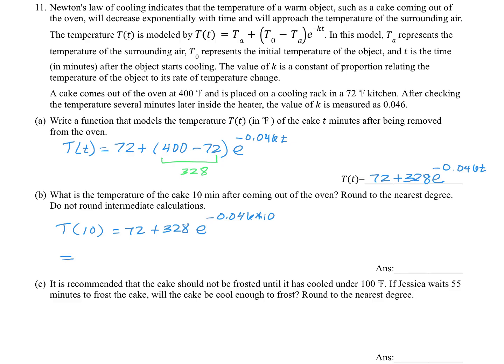On your calculator, that is literally 72 plus 328 times e raised to the negative 0.046 times 10 in parentheses. And when you do that, you should get approximately 279 degrees. That is still a very hot cake. We assume, of course, this is Fahrenheit. Can't imagine it as Celsius.